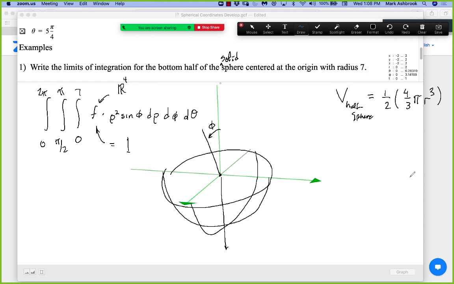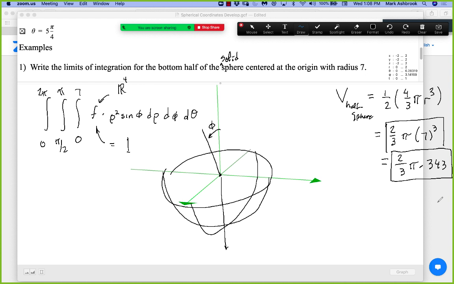We're going to get 2/3 times pi times 7 cubed, which is 2/3 pi times 343. If we can get the integral to be either of these two, then we'll be done.